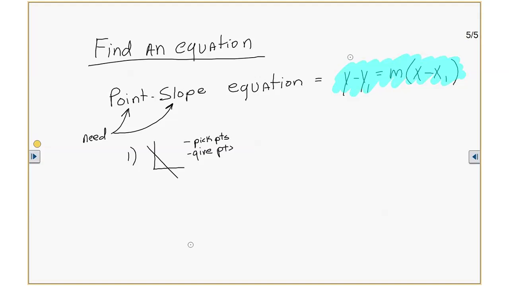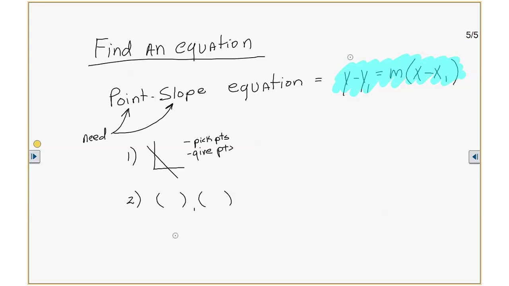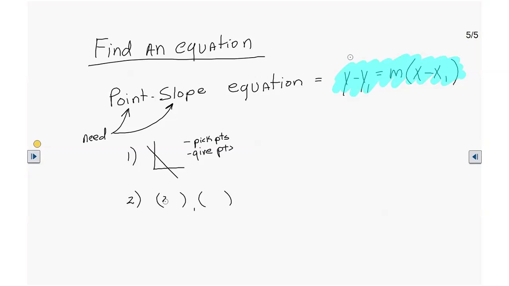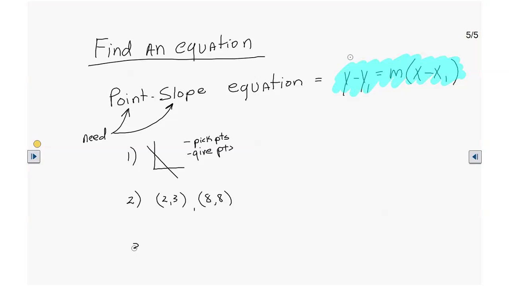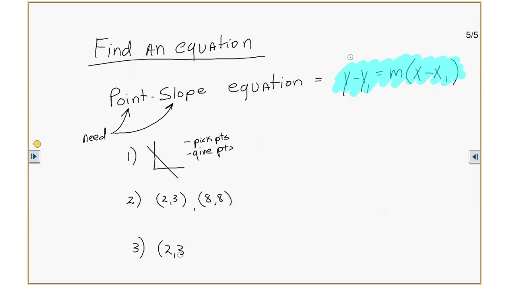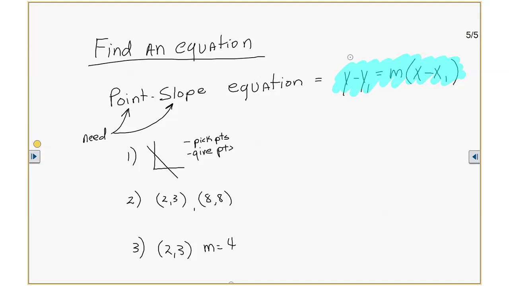The other is to give you 2 points like this: 2, 3, 8, 8. That's another way. And then the third, which is the easiest, they give you a point, and they give you a slope. Now there are the three type questions that you would have with this.